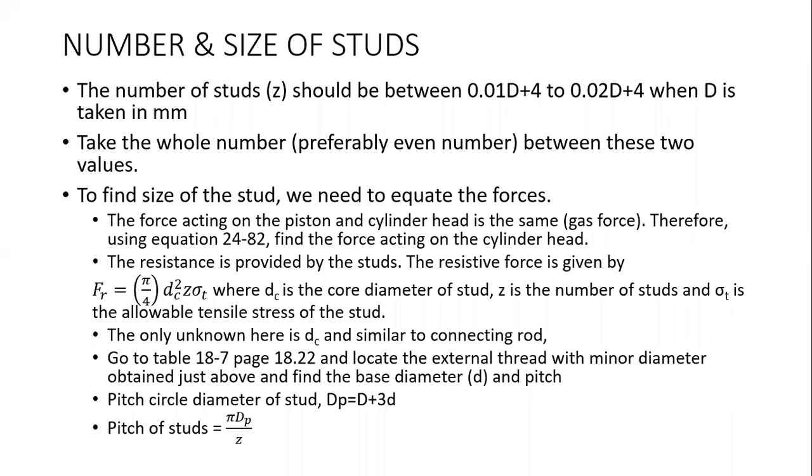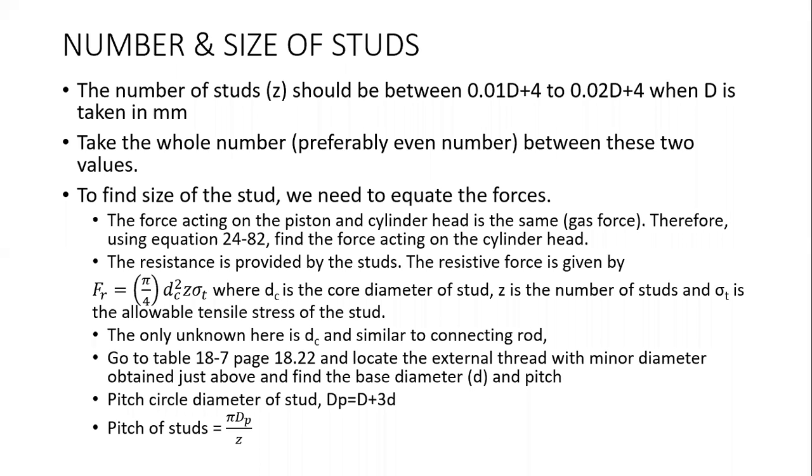Do you remember what was 8.8 and what was 10.9 and all those things I have explained? 8.8 means it is 800 MPa ultimate tensile stress and 80% of that is the proof stress. So usually the allowable tensile stress we will take as the proof stress.